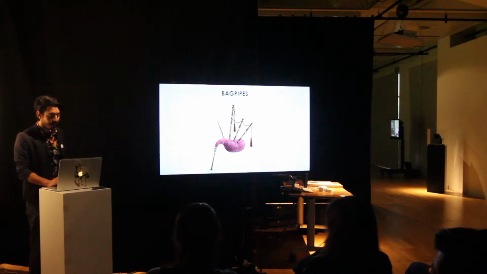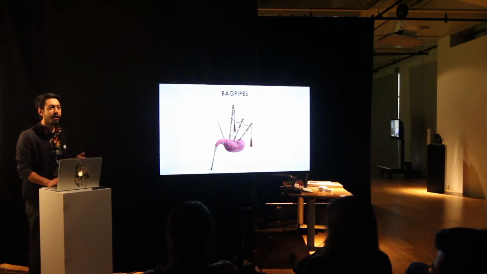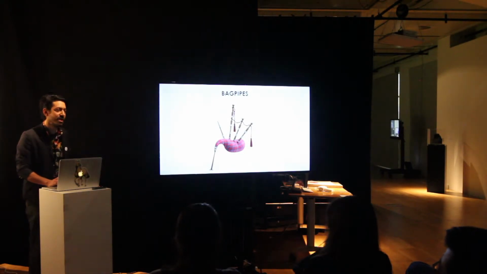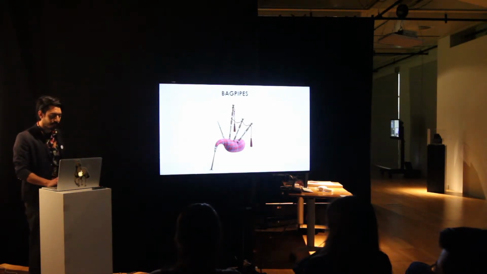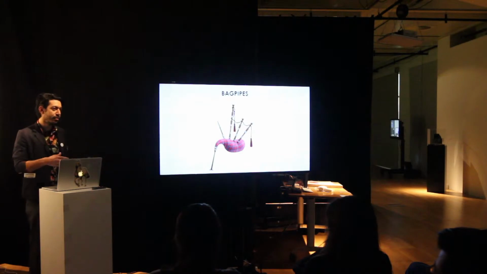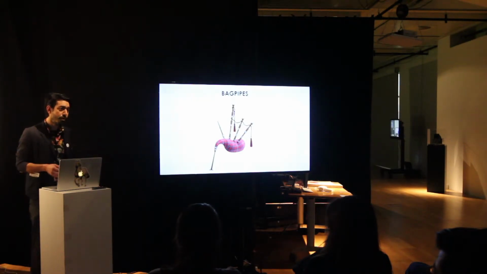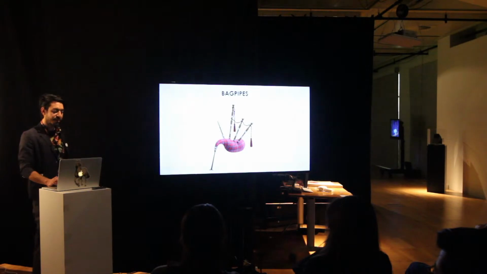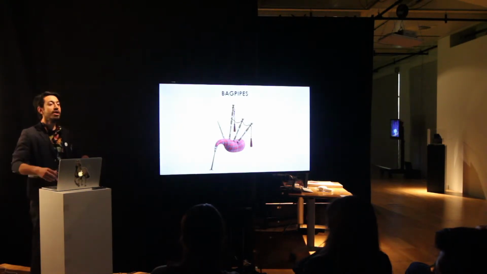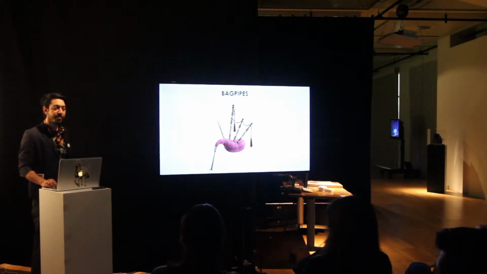This instrument was developed by the Romans around the 6th century, but bagpipes continue to be played even today through a large part of Europe, even here in the Persian Gulf, in North America, North Africa, etc. But of course, the greatest visibility of this instrument is the Great Highland bagpipe from Scotland.